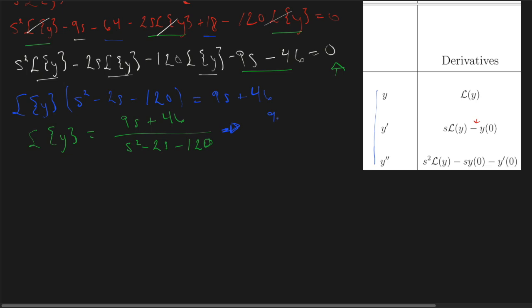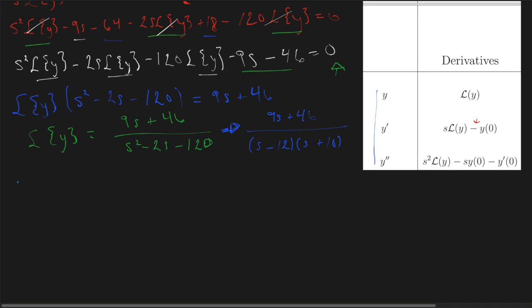Let's see if negative 12 and 10 works. s minus 12, s plus 10. And that gives s squared, plus 10s, minus 12s, minus 120, and that works.